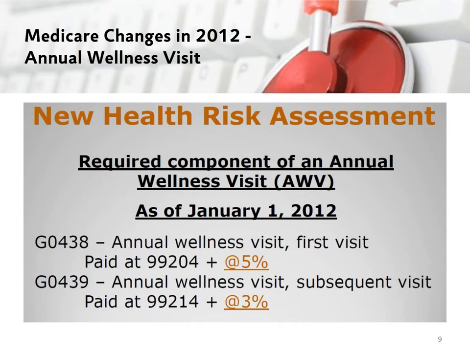There's no form, however, CMS will provide guidance on the documentation, but again, you must make sure that you're documenting the following information that I've just mentioned into your progress notes.